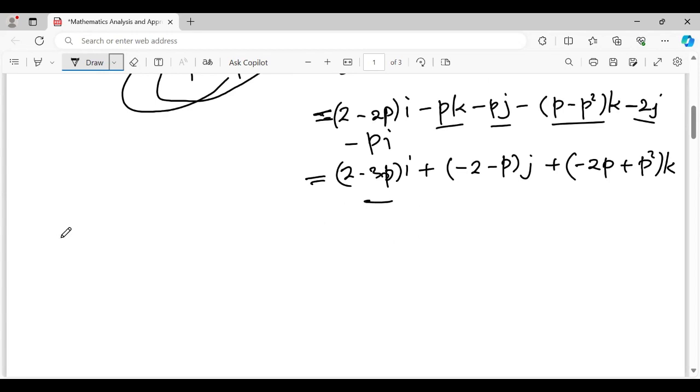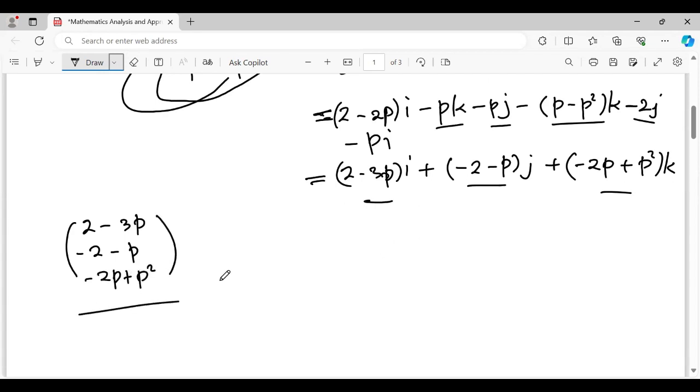In matrix, we can write it as 2 minus 3p, minus 2 minus p, and minus 2p plus p squared.